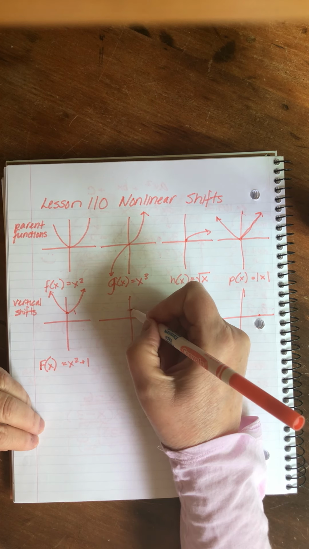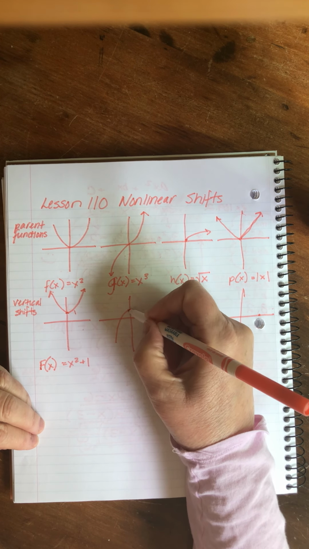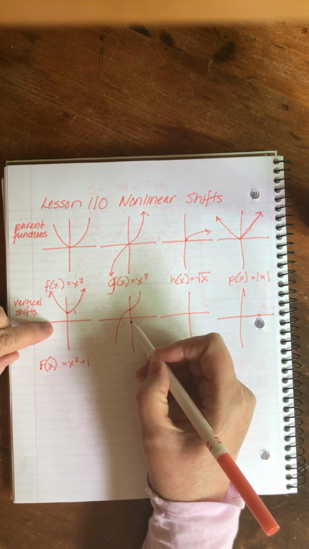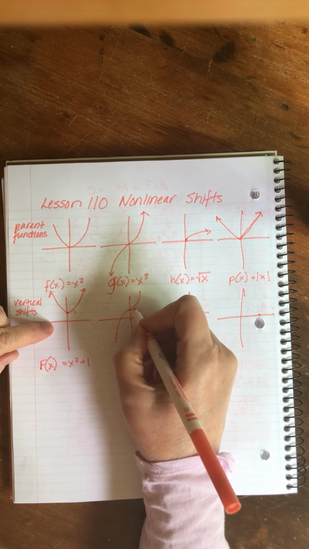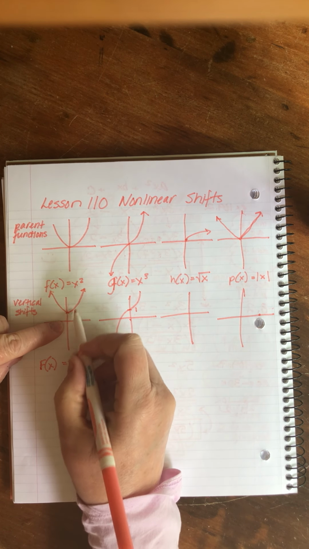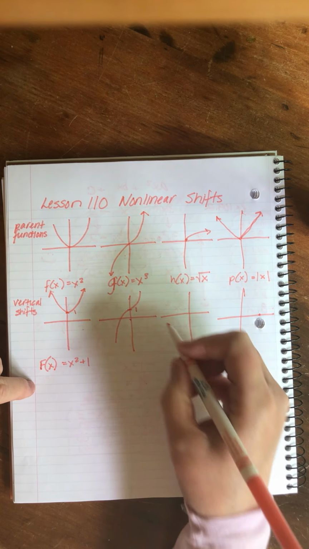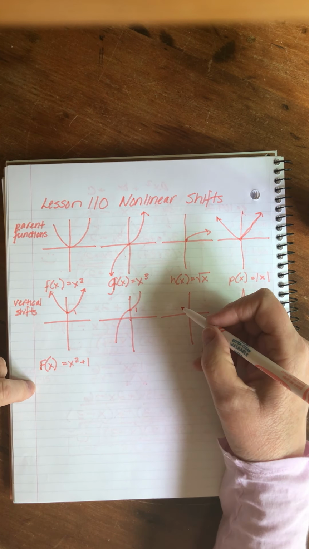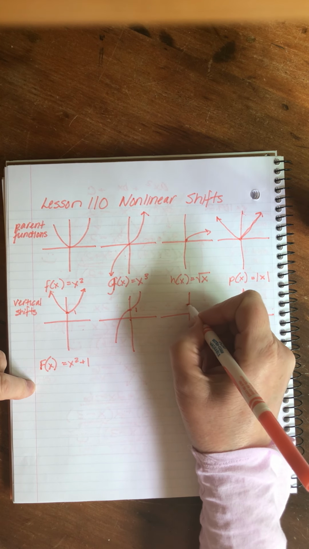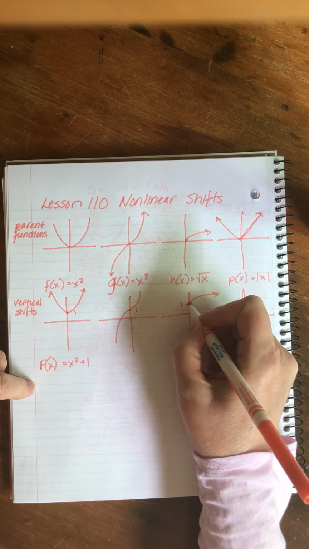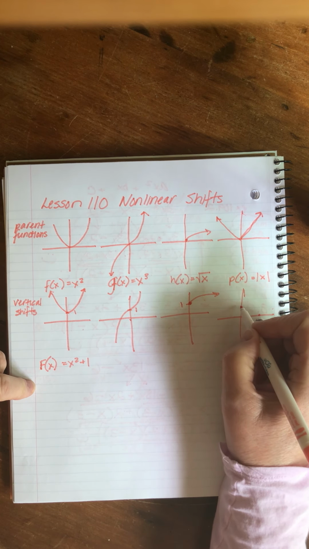What about if we bump the cubic one up? Okay, we just take the same thing, and instead of crossing over at 0, it crosses over at 1. Same with this. The bottom of it is not at 0 anymore. We bumped it up to 1. I'll rewrite the equations in a minute. The square root, same picture. It just gets bumped up to 1. And absolute value the same way.